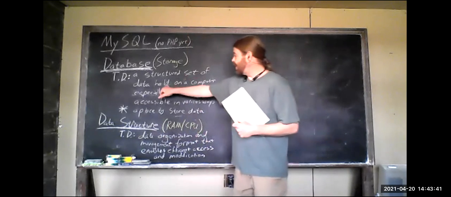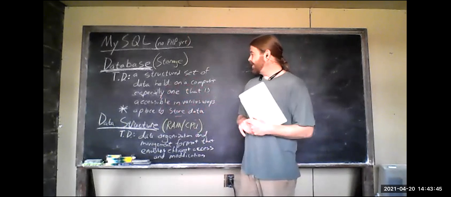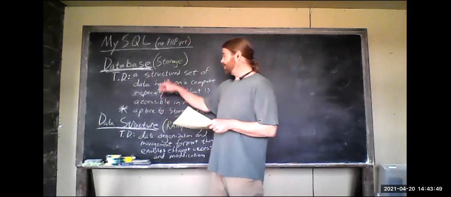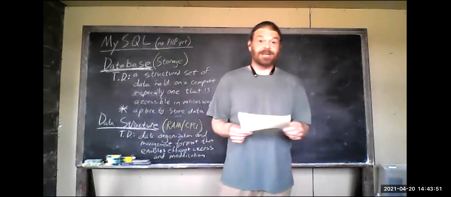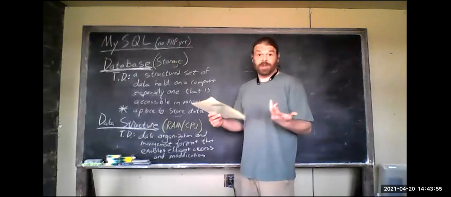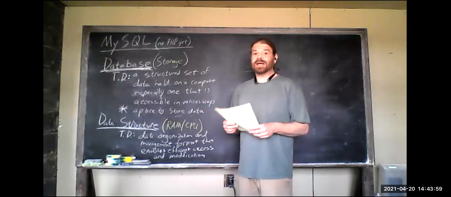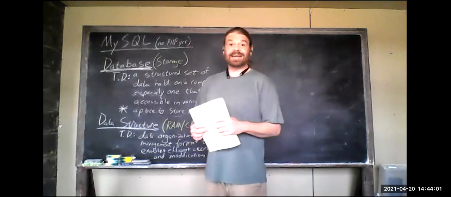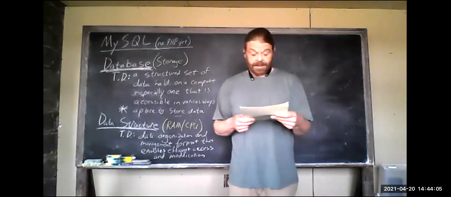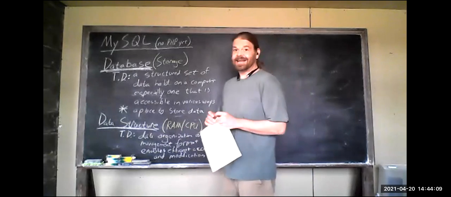It's stored on a computer, accessible in various ways. On some people's machines, it might seem a little odd to call it structured, but it kind of still is, because they know where to find their stuff. So technically, that's a database. I guess technically a file structure would be a hierarchical database, but we'd never call it that.